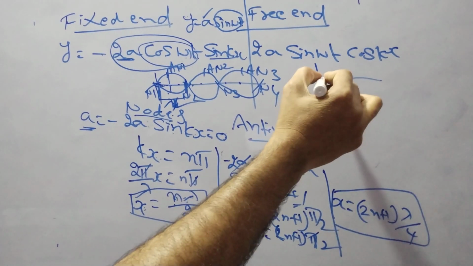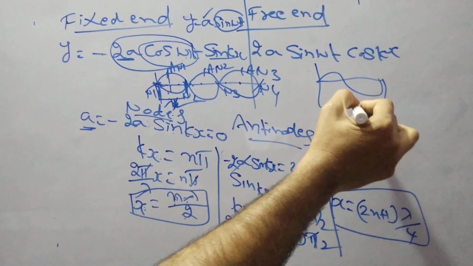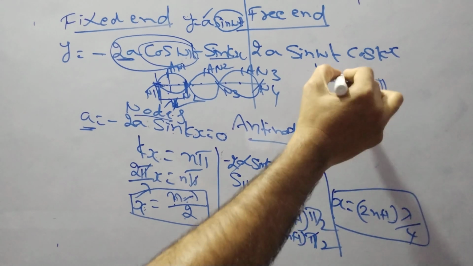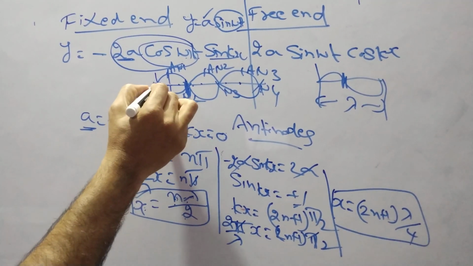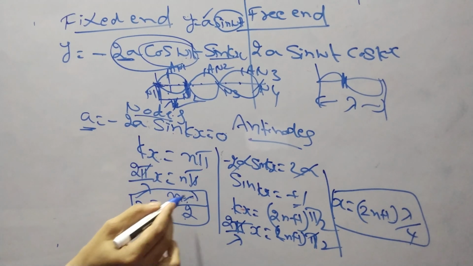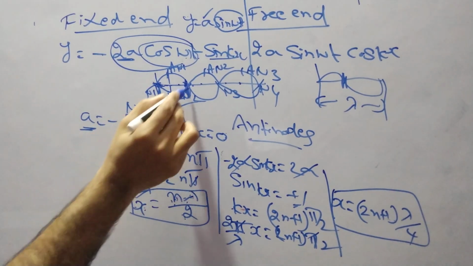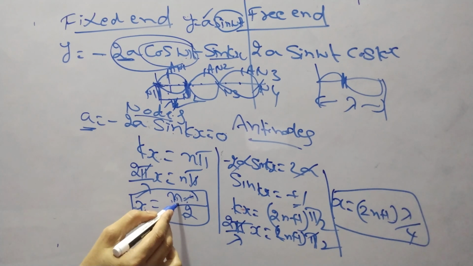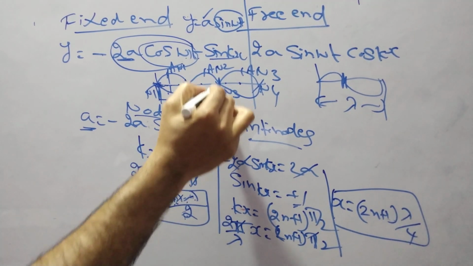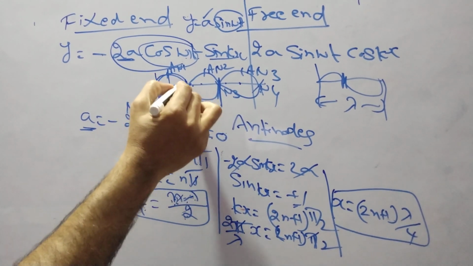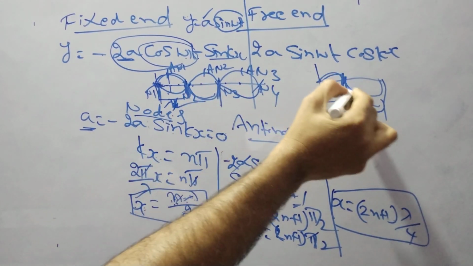This total cycle is lambda. Up to here this is lambda by 2. So by putting n equal to 1, lambda by 2 is the node. By putting n equal to 2, the 2 will get cancelled, and this is lambda. So n equal to 2 gives this value, lambda. A cycle like this is lambda.